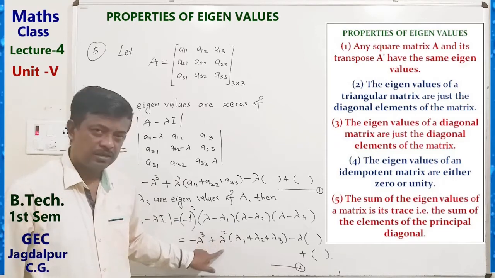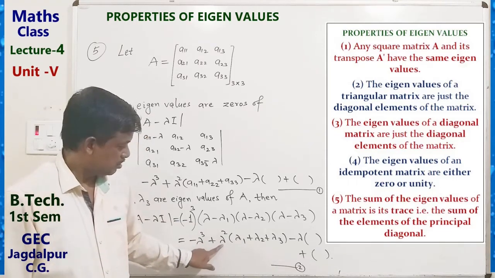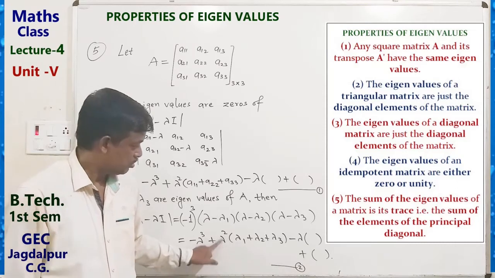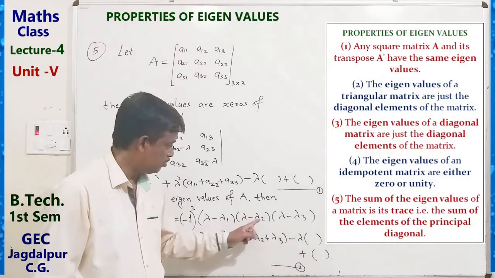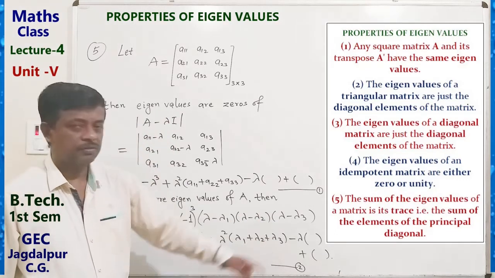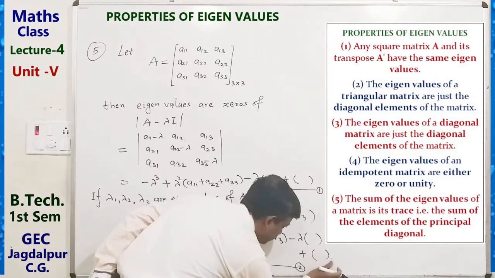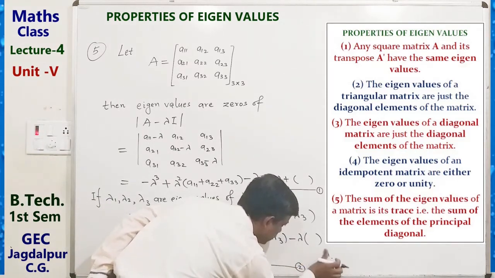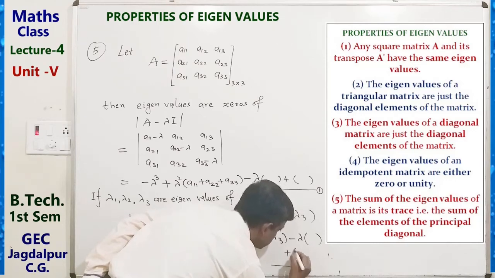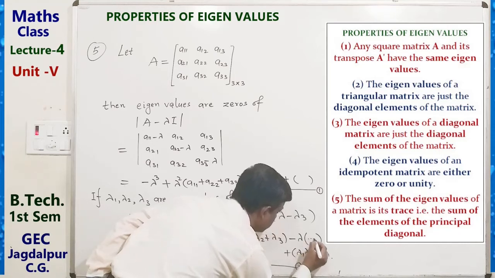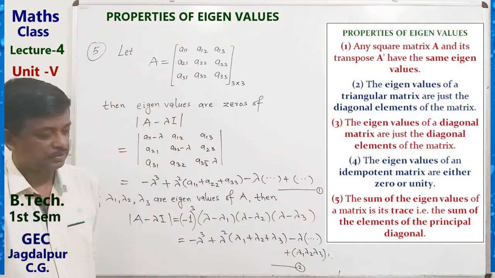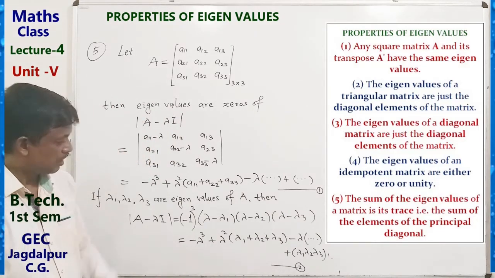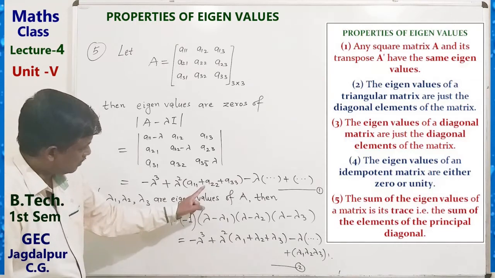Lambda is our variable for this polynomial, and lambda 1, lambda 2, lambda 3 are constants. When we multiply, we get the lambda square coefficient, plus the constant term. Clear? So now comparing 1 and 2, we can see that this equals this.